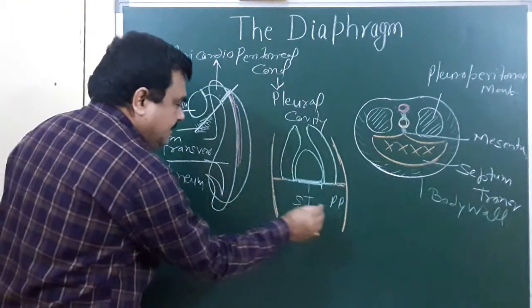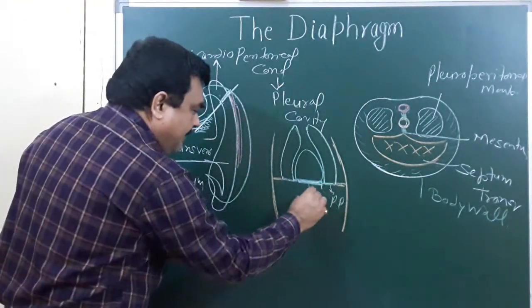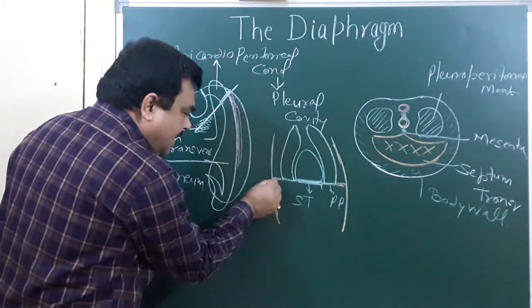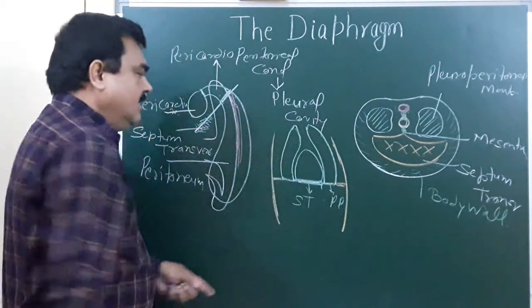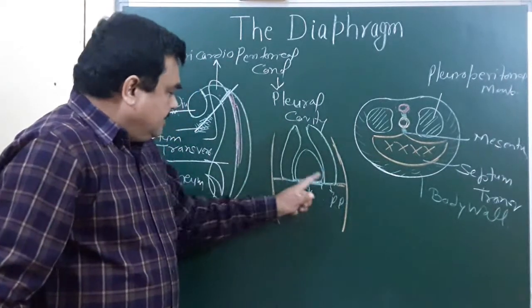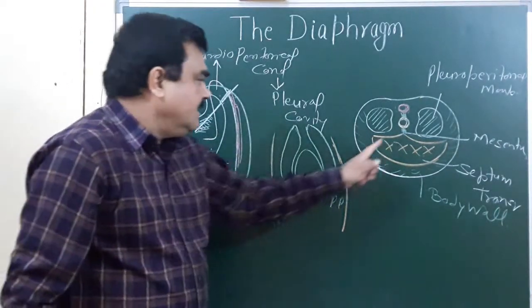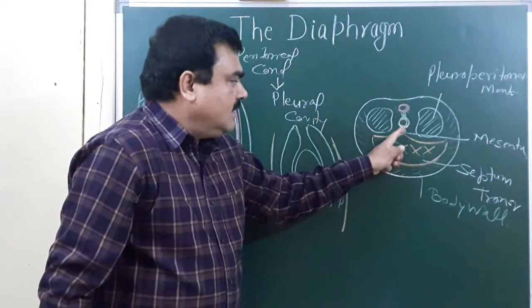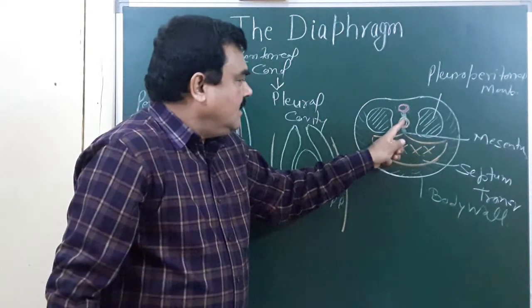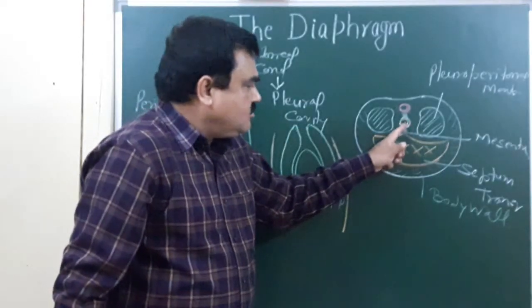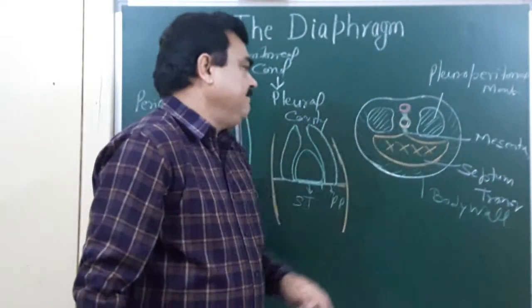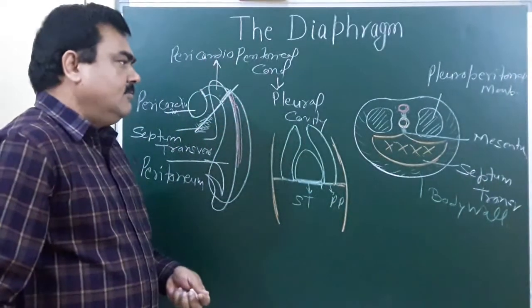So this part is pleuroperitoneal membrane, this is septum transversum, and this part develops from body wall. And in addition to these three structures, there is the mesentery of the developing foregut, that is esophagus, dorsal and ventral mesentery. So these structures form the diaphragm.